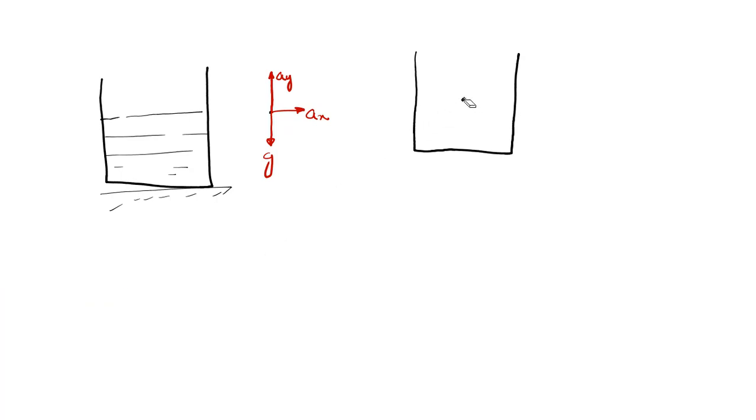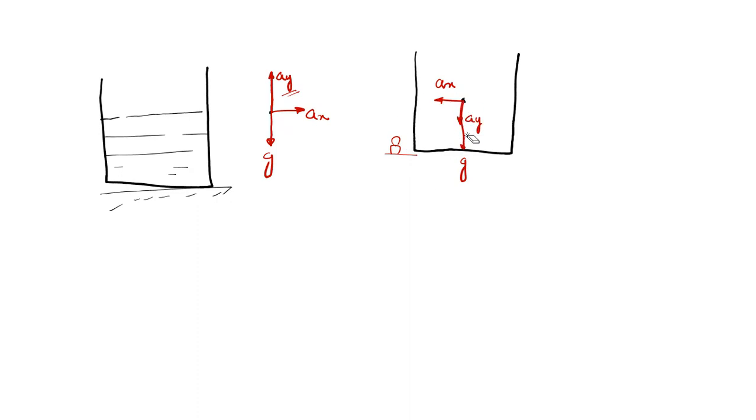I'm having a particle here. Now I sit on the platform itself, and I make the pseudo force, pseudo acceleration direction. So ax will be like this, and g will be all the time downward, right? It's not a pseudo force. So ay acceleration is up, so the pseudo acceleration is in the opposite direction, downward ay.